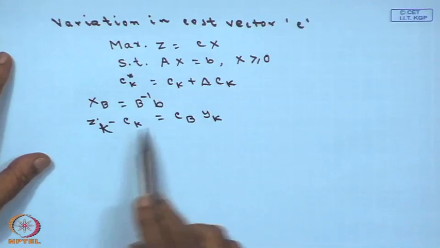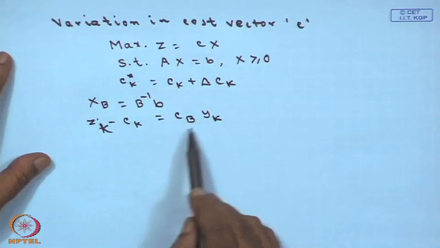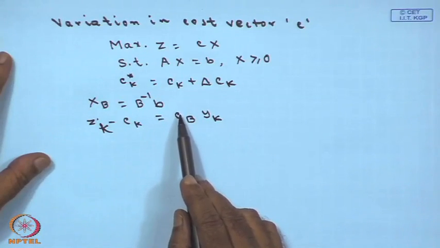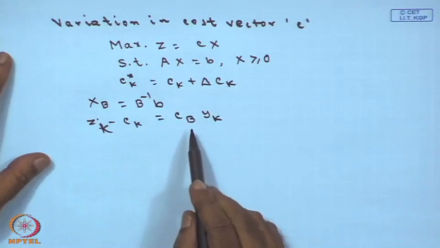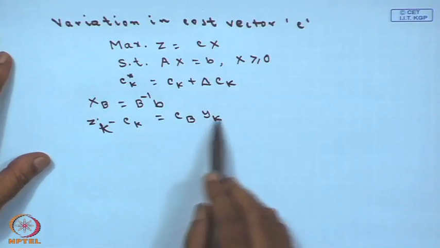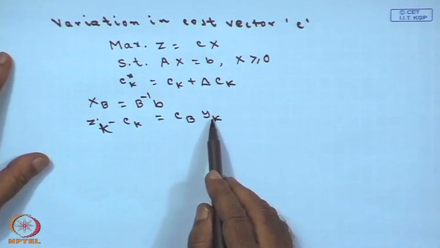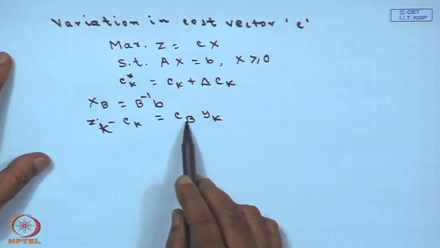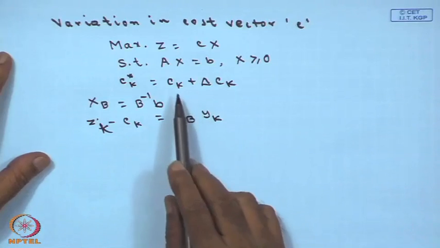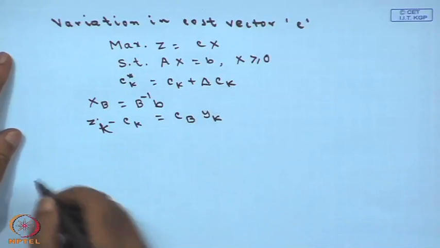This involves Cb, that is, it involves the cost coefficients. Since you have changed Ck, your optimal solution may change, since Cb may contain Ck, and Ck has been changed to Ck plus delta Ck.